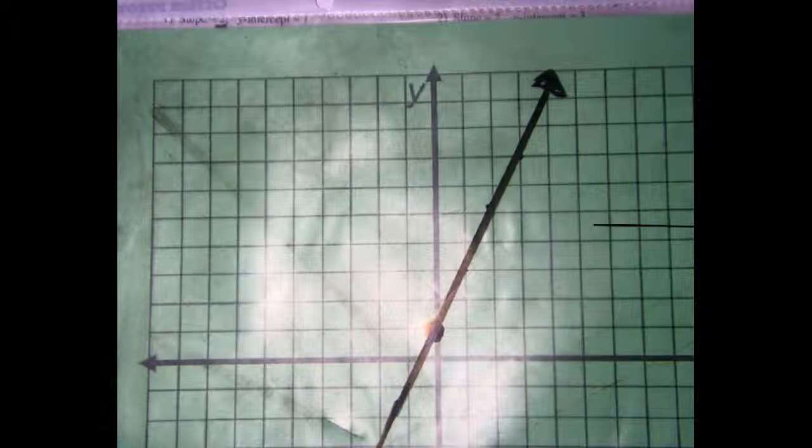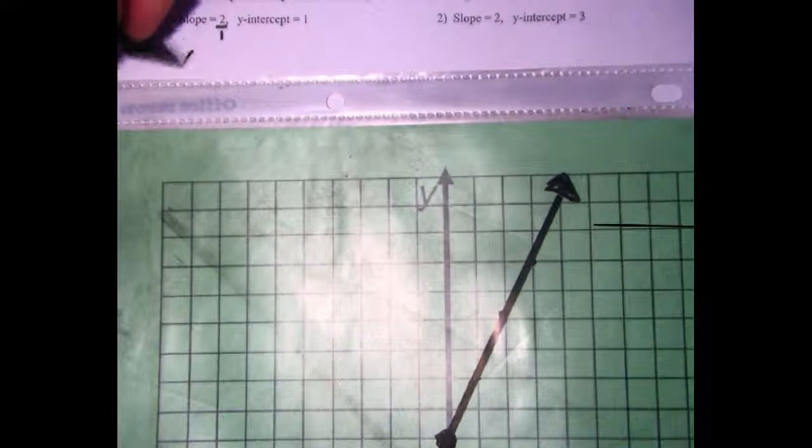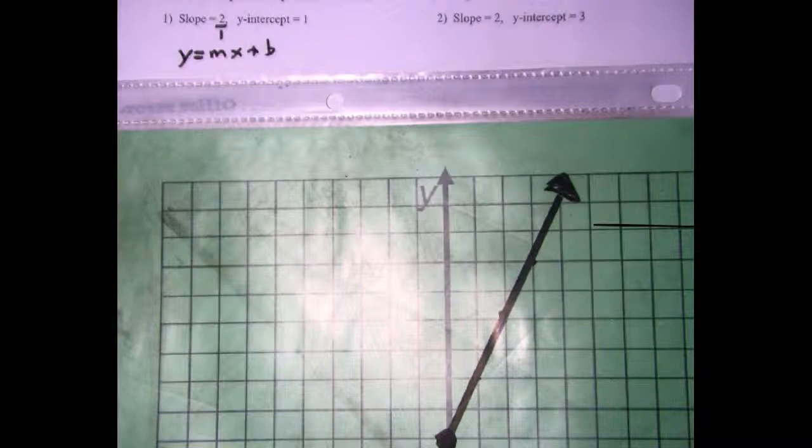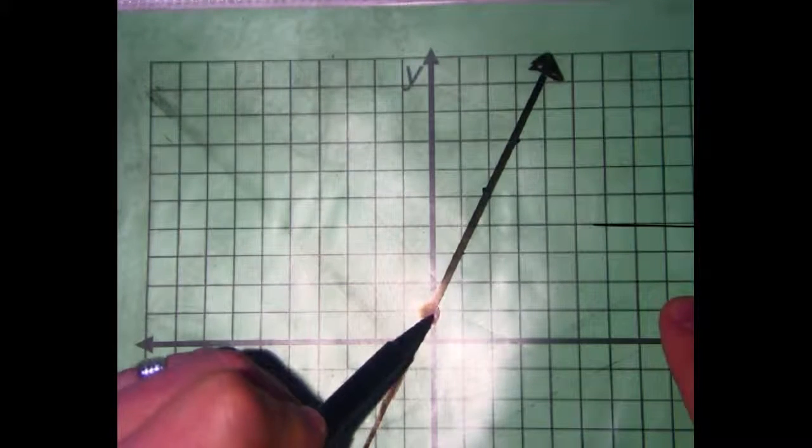So what is the equation of this line? If we had to write this in y equals mx plus b format, what is the equation of this line? All right. So what's the y-intercept? Where's the intersect here? Yeah, positive 1. So we know the y-intercept is 1.